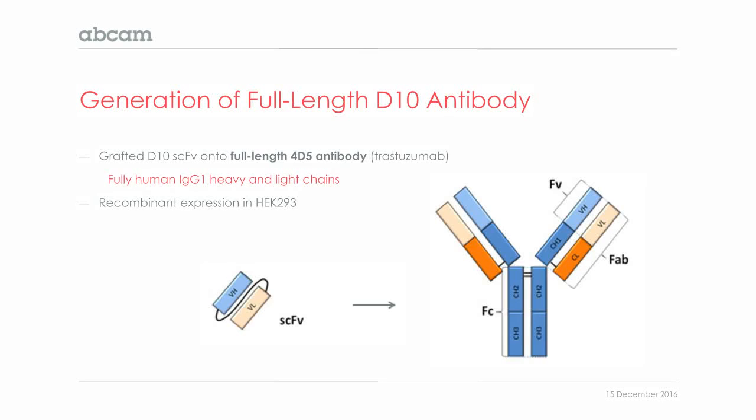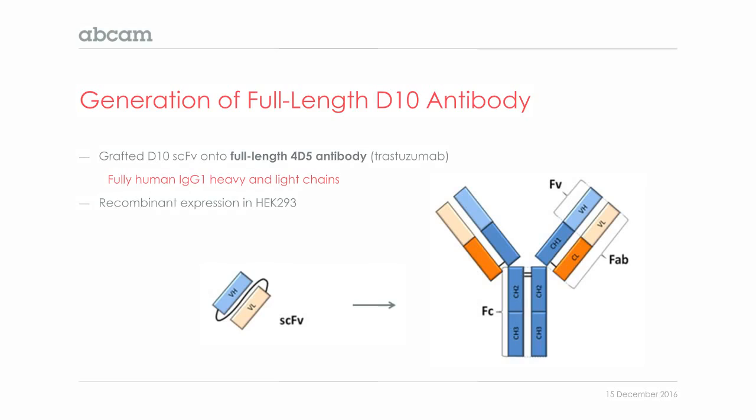So we took our D10 scFv and we wanted to convert it to a full-length antibody. To do this, we simply replaced the CDRs in the antibody trastuzumab with the CDRs in our D10 scFv to produce a fully human IgG1 antibody.